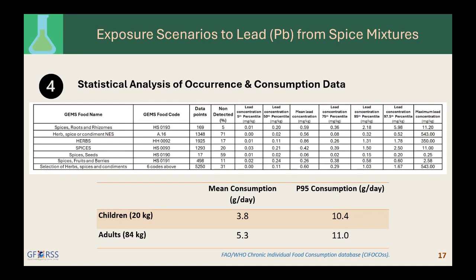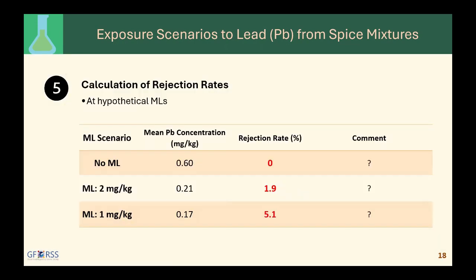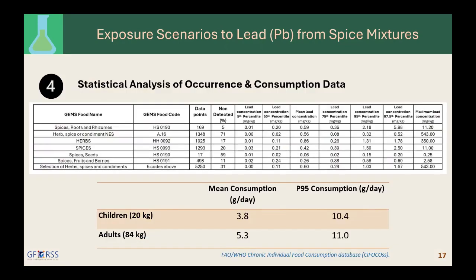Here I'm speaking about consumption, right? Then putting these 2 together, we will show you the results. We're not doing the calculations. But before that, out of this consumption and occurrence, I can calculate my exposure, right? So that's one part. I still need another piece of information, the rejection rate for the trade, okay?